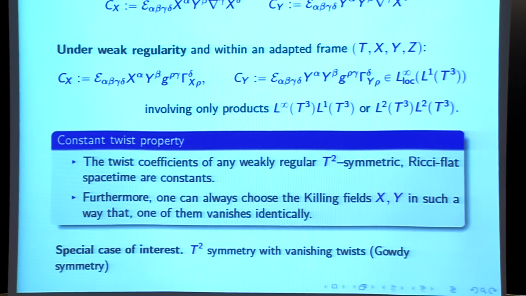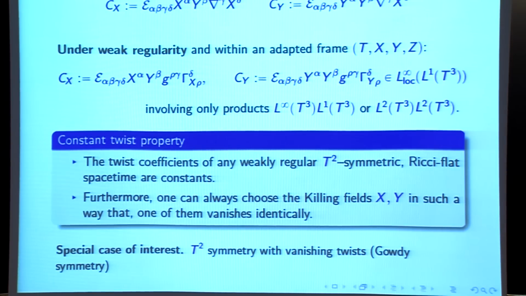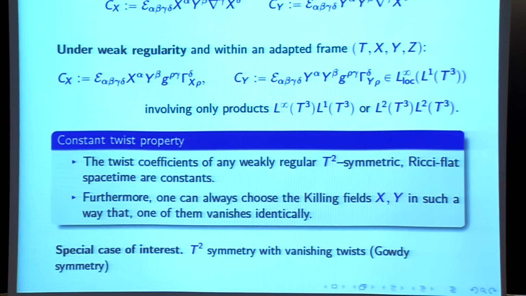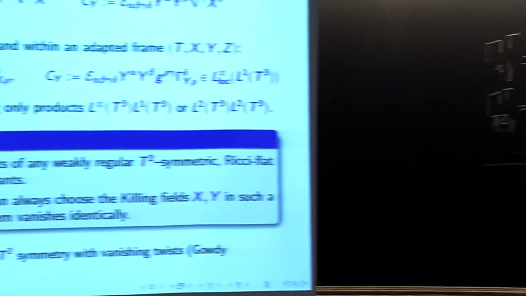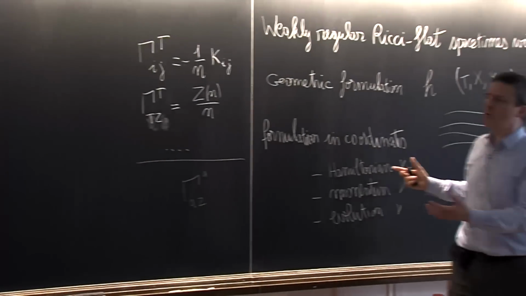So you can make this Cx, for instance, to be 0, and Cy would be a non-vanishing constant. Or it could be vanishing, but this would be a special case, a subclass of these spacetimes, which are called the Gowdy spacetimes. This property answers the question: in this big system of equations, are we going to be able to do something?